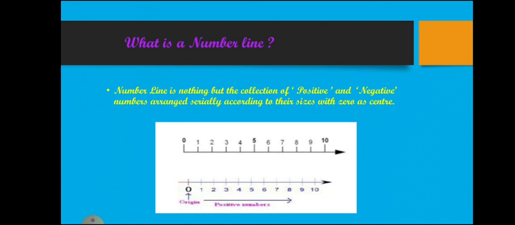Label it 0. You can see this at the center. Mark a second point to the right of 0. Label it 1.